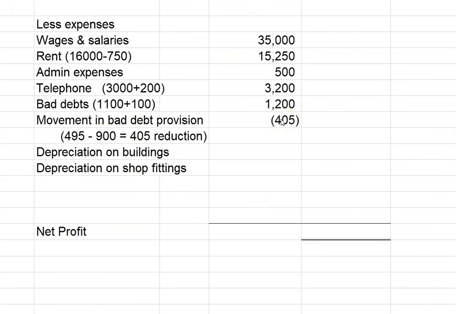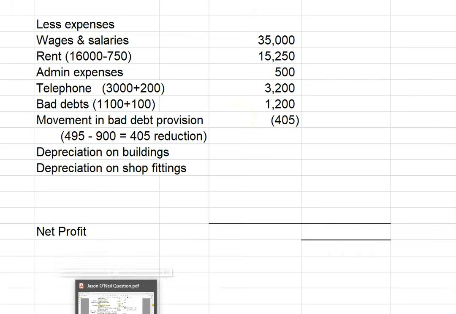You can either show that in other income, but I think the easiest thing is to put it in expenses. And if the provision goes down, which it has here by €405, it goes in as a minus expense. It reduces the other expenses. If that was an increase in the provision, whatever the increase was would just go in as a positive. It would increase the other expenses.